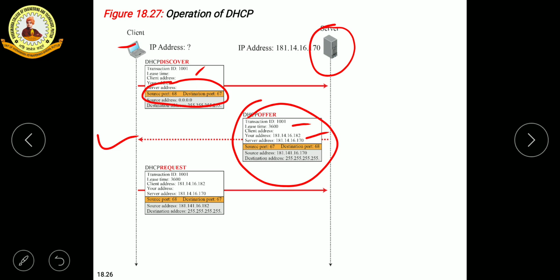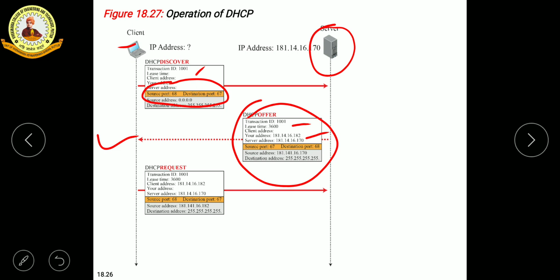The message is encapsulated in a user datagram with the same port numbers as the first message. The user datagram is encapsulated in an IP datagram with the source address set to the new client address, but the destination address is still kept as the broadcast address. You can see that it accepts the address ending in 182 and still sends with the broadcast address. This is DHCP request.